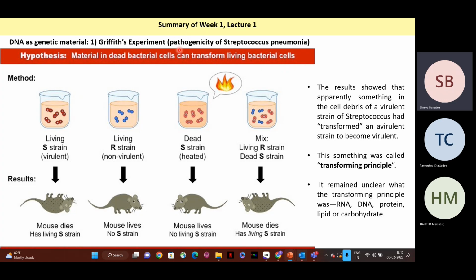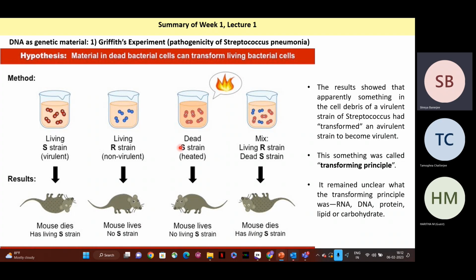Griffith took a living smooth strain or S strain of bacteria that can cause disease and injected it into a mouse, and the mouse died. Then he took a living rough strain, which cannot cause the disease, so it is non-virulent, and the mouse lived because it is not a disease-causing strain.